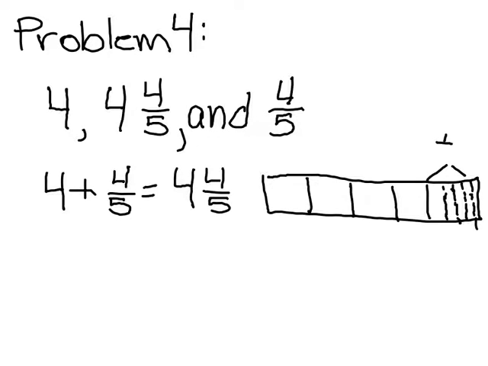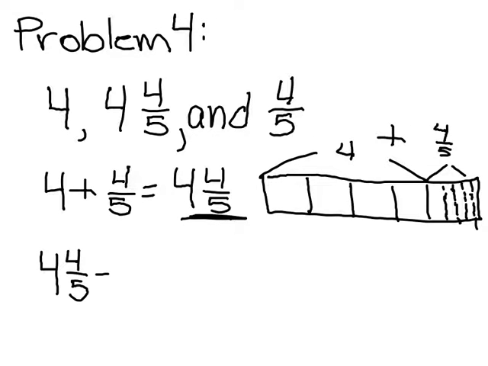This is 4. Add them, and we end up with 4 and 4 fifths. The other relationship we can show between these is 4 and 4 fifths minus 4 fifths equals 4.